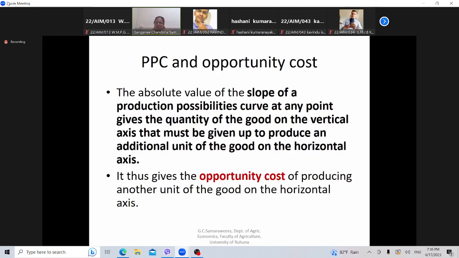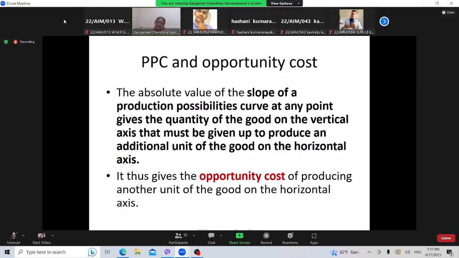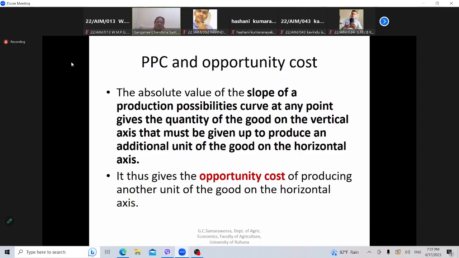With that knowledge, we will see how opportunity cost relates to this production possibility curve. Now you know opportunity cost. Simply, what is the word for opportunity cost? Foregone cost. For example, the easiest example: you can come to this 4-hour lecture, or you can go and work in, let's say, a hotel.